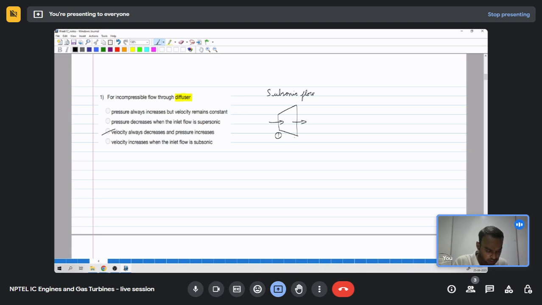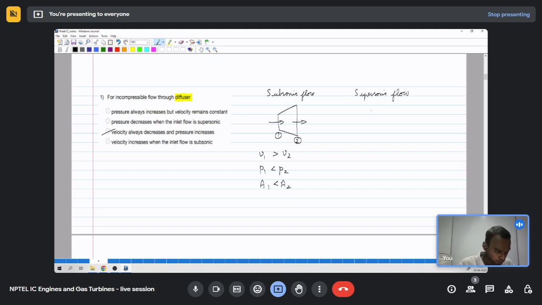So at stage 1 you can take 1 and 2, and velocity V1 will be greater than V2, whereas pressure 1 will be less than pressure 2. And similarly for supersonic flow, you can also compare the area: area at 1 will be less than area at 2.